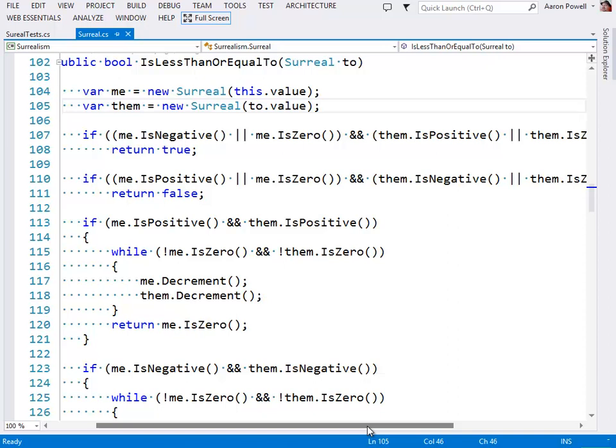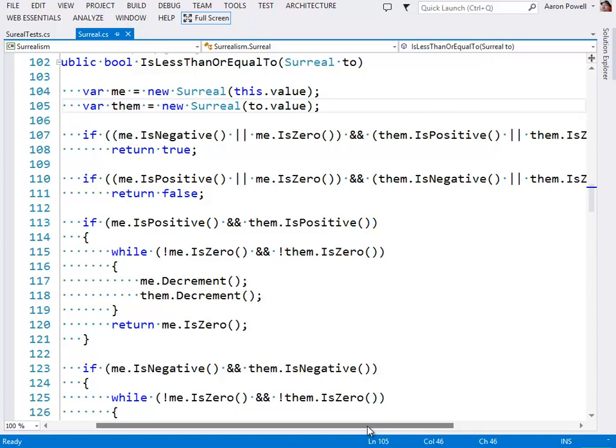If the left-hand side is 3 and the right-hand side is 2, we subtract 1. Then I've got 2 and 1, I subtract 1 again. Now it's 0 on the right-hand side, which means they're 0, which means I'm greater than them, which means I'm not less than or equal to the value. So it just comes down to subtracting 1 every time, in a loop, until we get to 0.